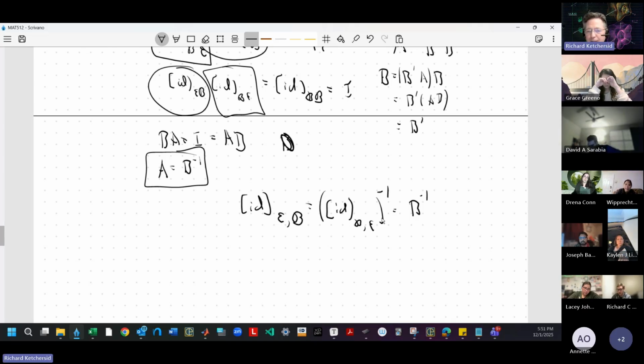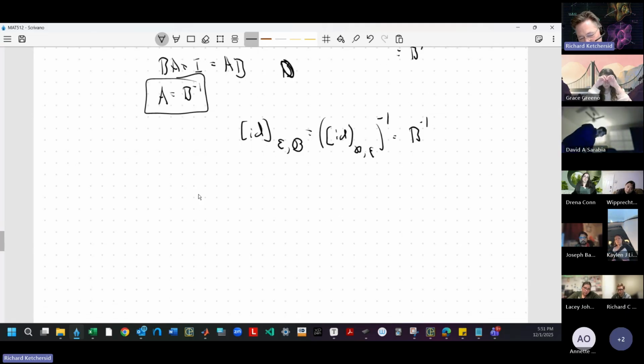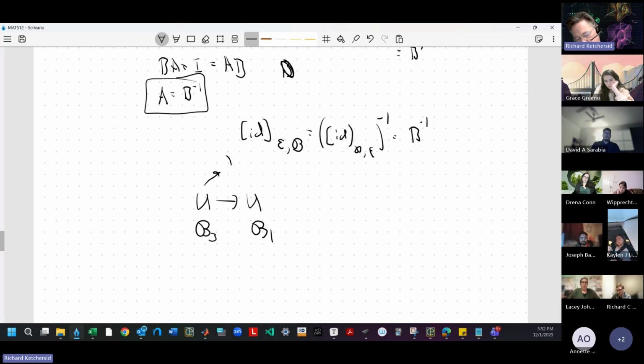Okay, so let's put it all together for this one case. My real interest here, going way back to the beginning, is I've got this funny basis B3 going to this funny basis B1. The way I decided to analyze this was to go instead through the standard basis E. So I'm making this path through the standard basis.